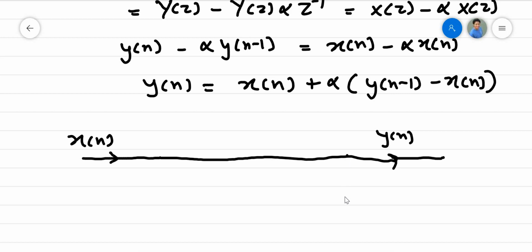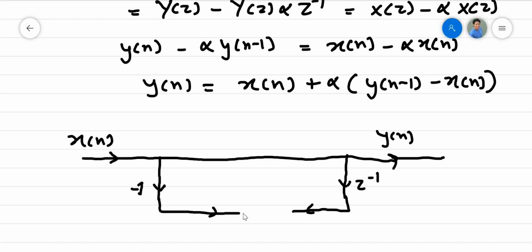Then there is a delay element, that is z inverse, and then there is x(n) multiplied with minus alpha, coming together and adding at this particular point, where there is a summation, and going back again with multiplication of alpha.